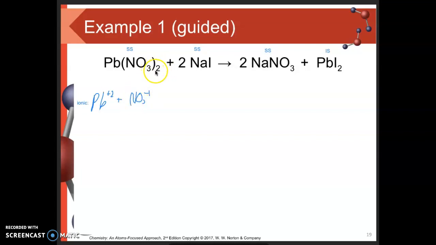And here's one of the most common places where people make mistakes. Subscripts and coefficients carry over. So subscripts in parentheses carry over to everything inside of the parentheses. So I have 2 nitrate ions. In the case of sodium iodide here, that coefficient is going to carry over to both the sodium ion and the iodide ion.